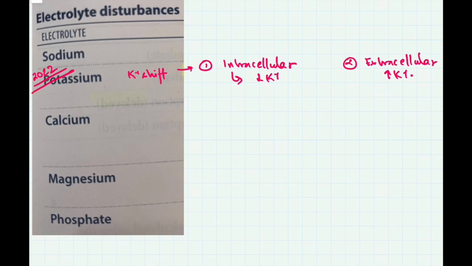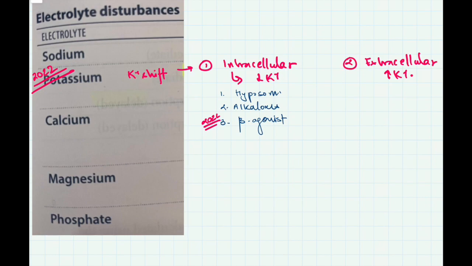So first cause is hypoosmolarity, then alkalosis, beta agonist, and this was the question that was asked.